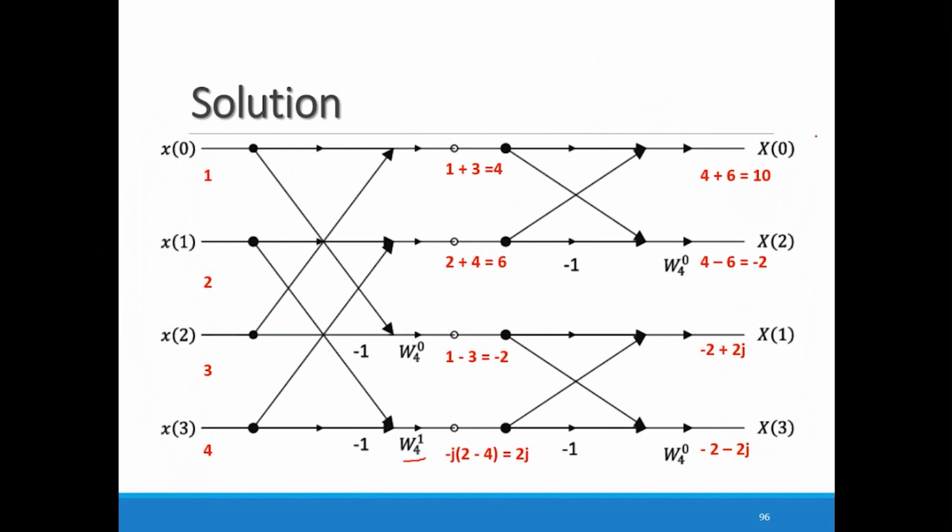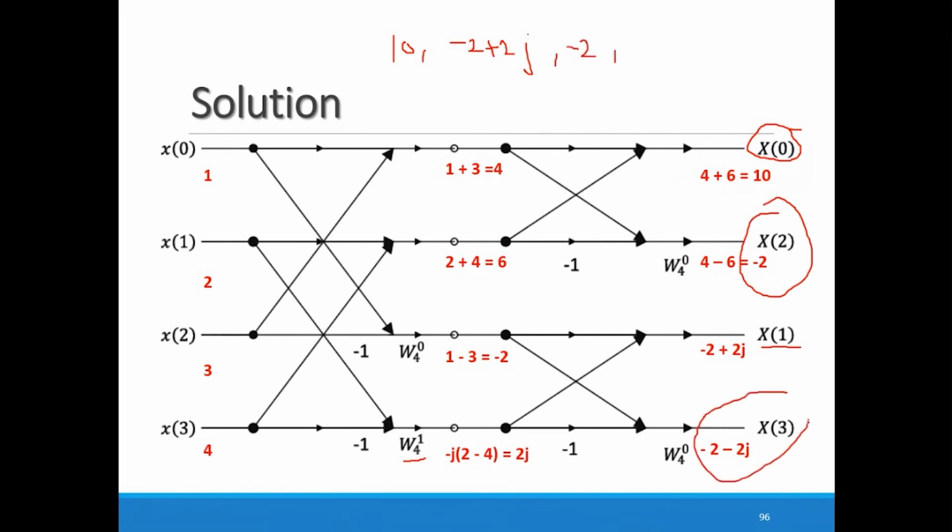But remember this, now the orders are bit reversed. So the first term is 10, the second term is available at this location, that is minus 2 plus 2j, the third term is available at this location x of 2, that is minus 2, and the last term is available at this, that will be minus 2 minus 2j. So if you compare the answers of both, whether you solve with the DIT algorithm or with the DIF algorithm, your answer remains the same.